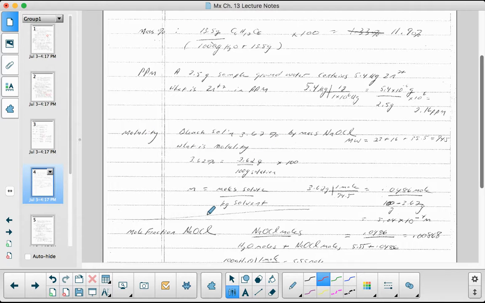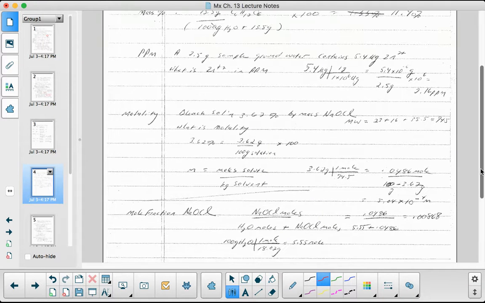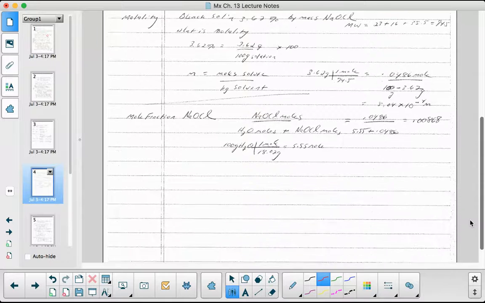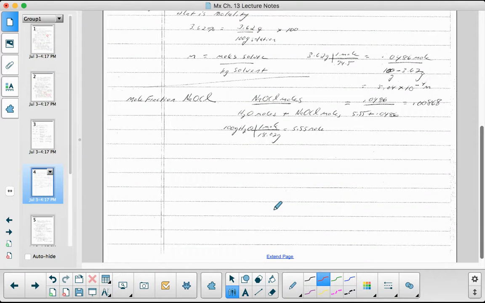Then I took that same data from the bleach example to find the mole fraction of that sodium compound. Those are some good examples to reference when you're working on the problems for Chapter 13.